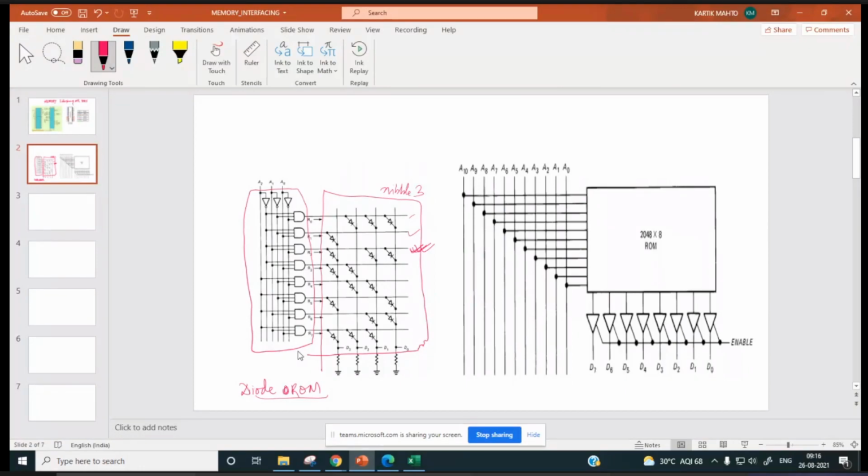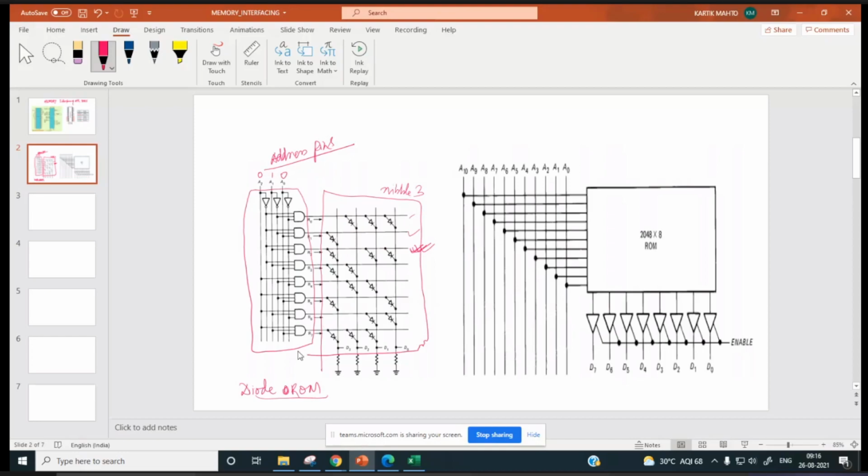Here we have 3 address pins, so I have to send the address from here. I want to read nibble 3, so I will put 0 1 0, then it will read nibble 3.